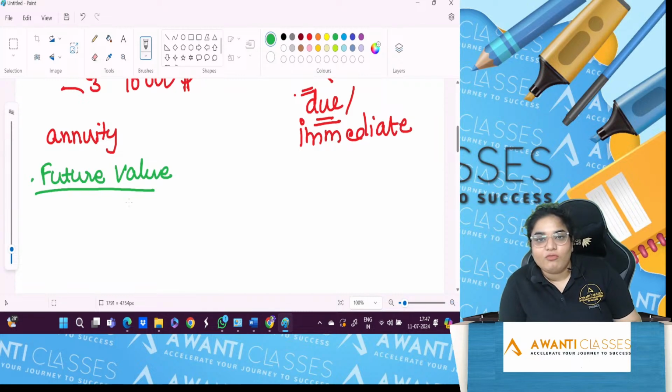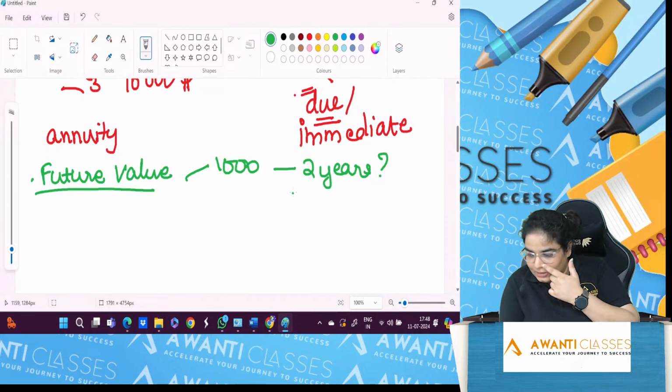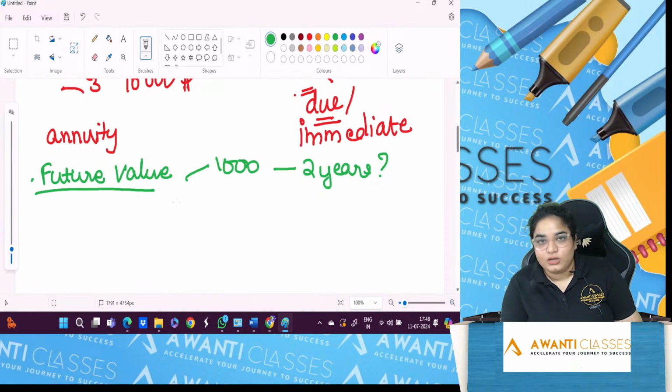If 1 dozen of bananas is 100 rupees today, next year maybe it won't come for 100 rupees. Future value is, if you have given 1000 rupees, in 2 years, how much will it be? That is future value. Today's money in tomorrow's terms.